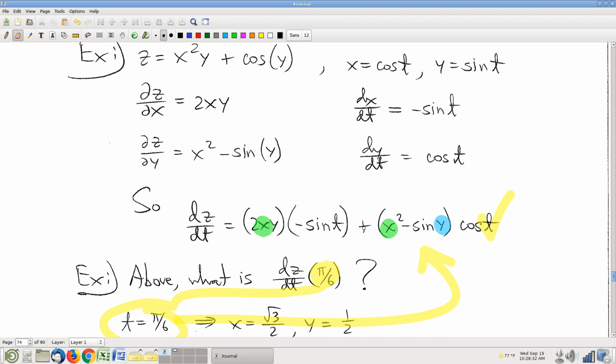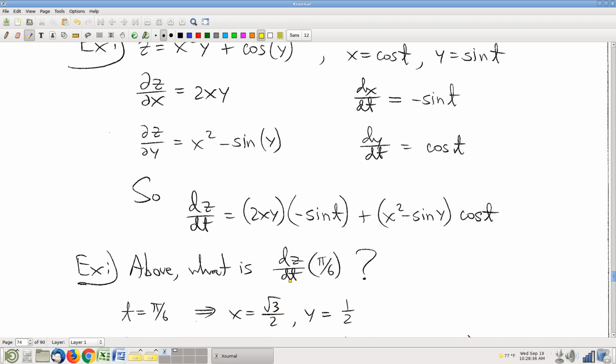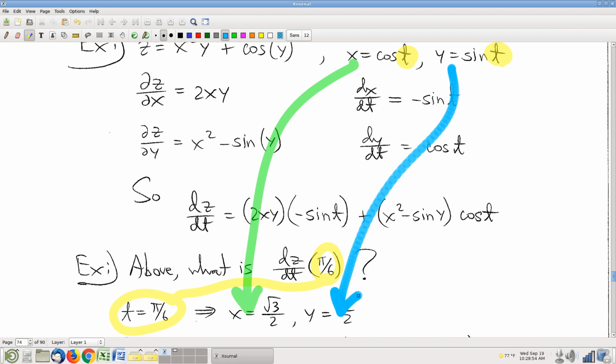I think a better way to do the problem, though, certainly more convenient very often, is to say, well, look, if I know that t is pi over 6, why don't I just do this one time, plug in t equals pi over 6, and figure out what x is, and figure out what y is, and just go ahead and remember that, for my convenience.